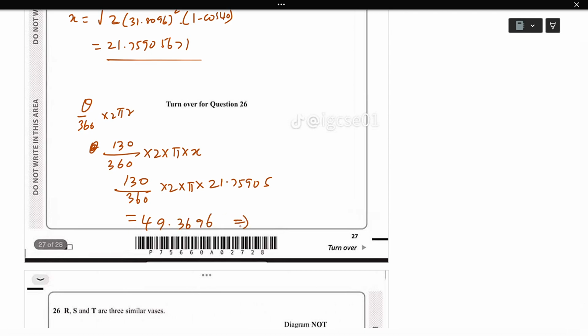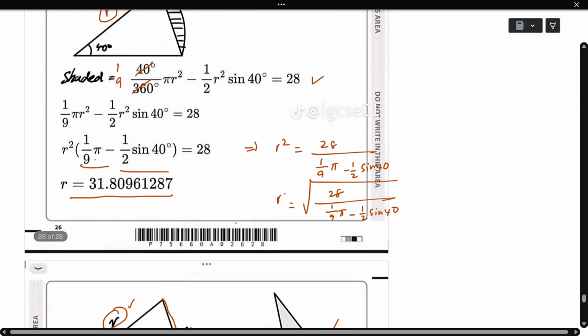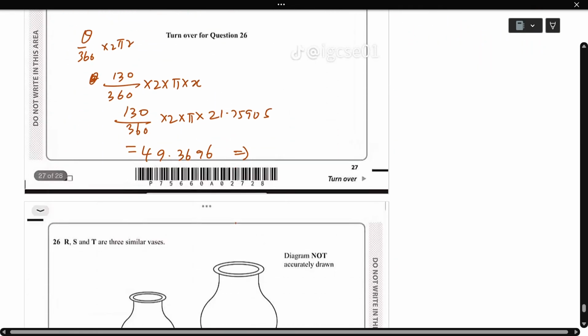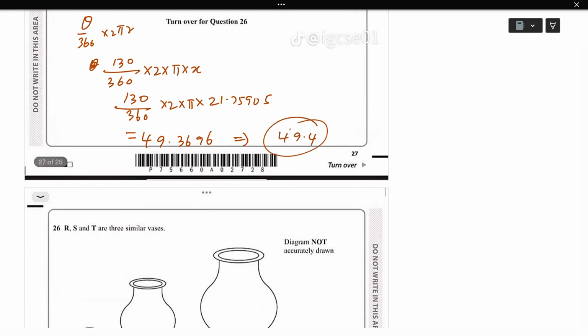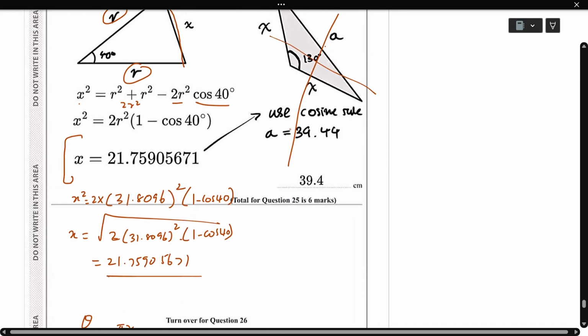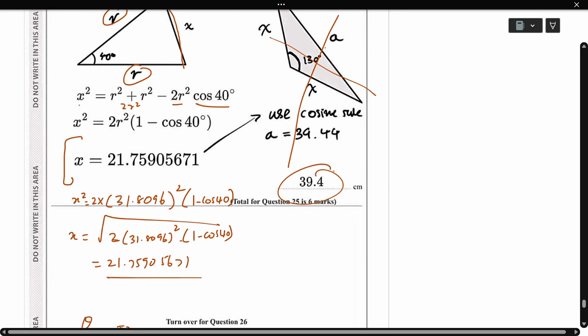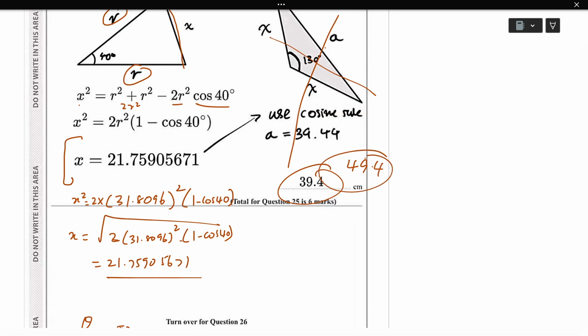When you round up, how many places is given? Three significant figures, so we get 49.4. That is the answer, 49.4.